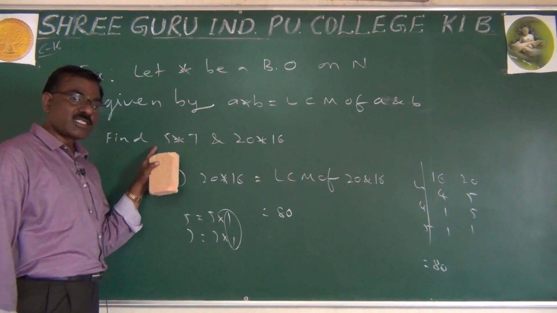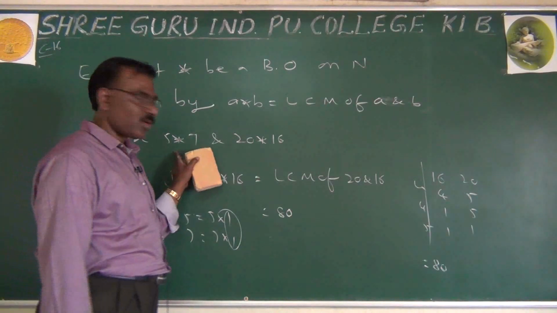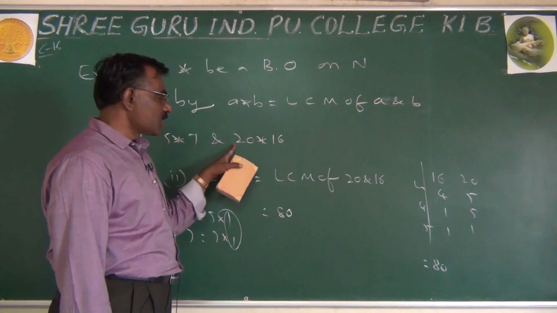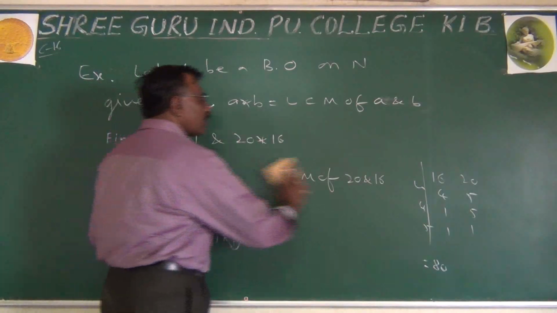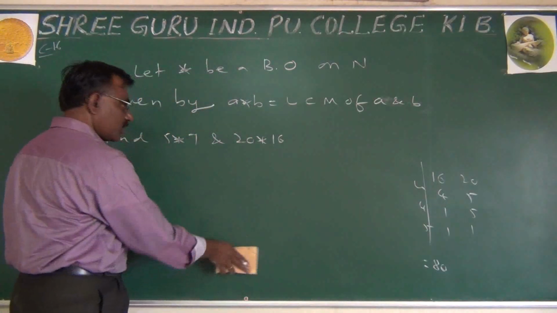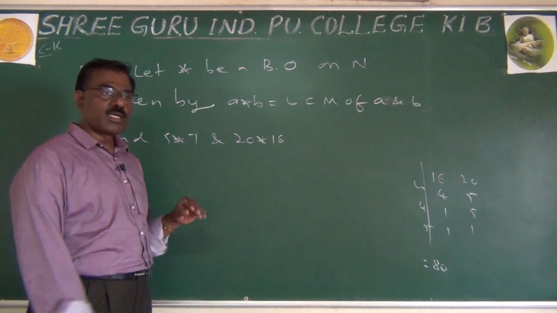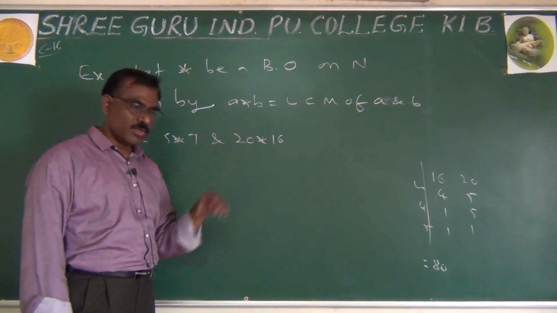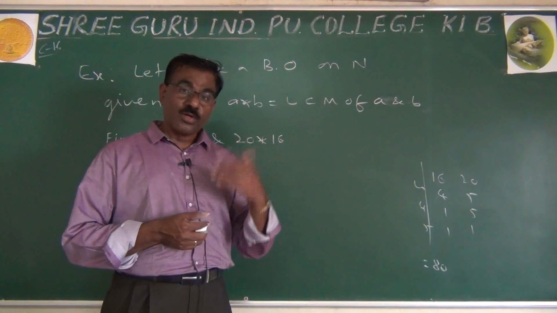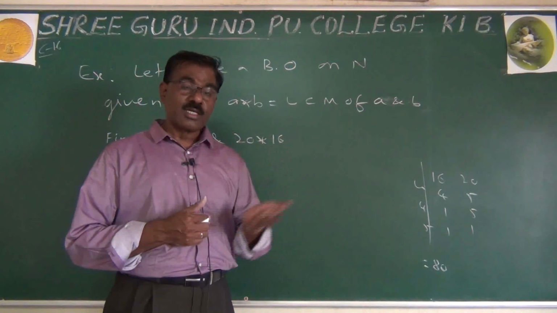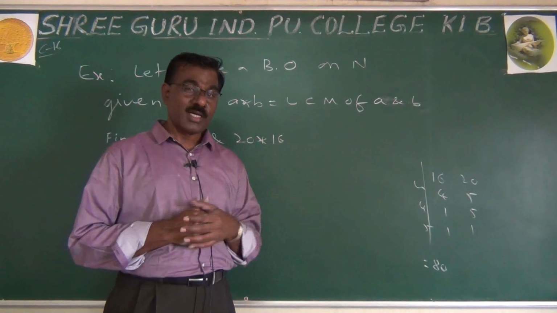What is the HCF for 5 and 7? 1 only. Now HCF of 20 and 16: a very short method. How to find the HCF of two numbers? You go for the divide system, with a non-zero remainder, solving until the remainder is 0.